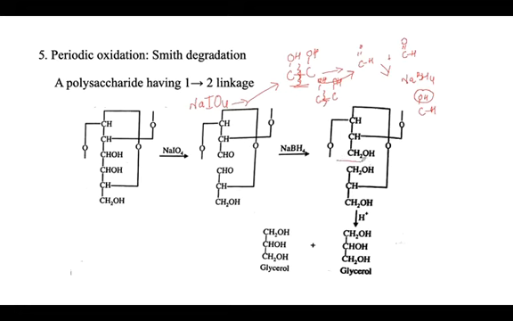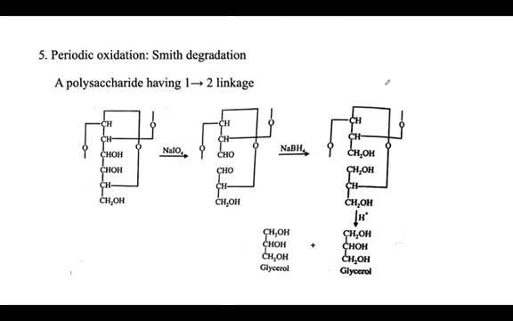And then why we are using sodium borohydride: because when we are doing the final acid hydrolysis, we don't want to lose the aldehyde group. We don't want to have any damage, any degradation of that aldehyde group. So we are protecting that aldehyde group by converting it back into an alcoholic group. So the whole reaction proceeds like this.